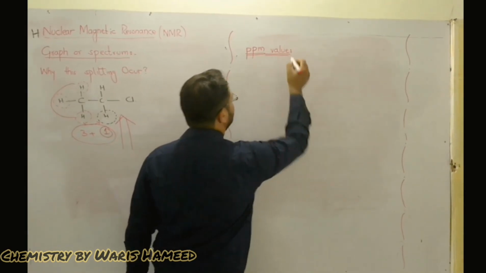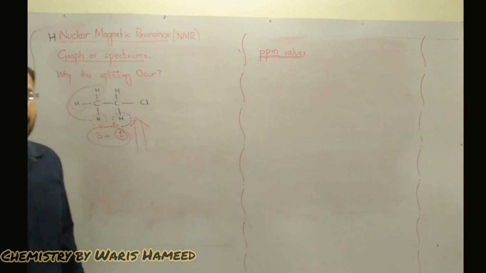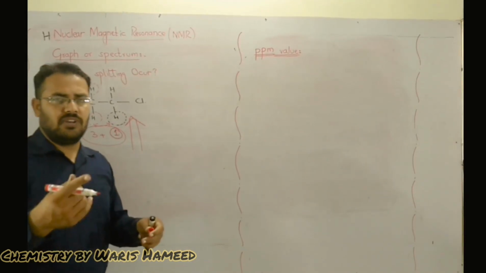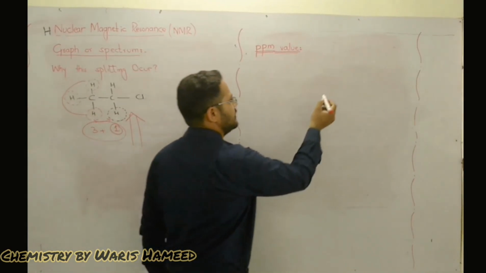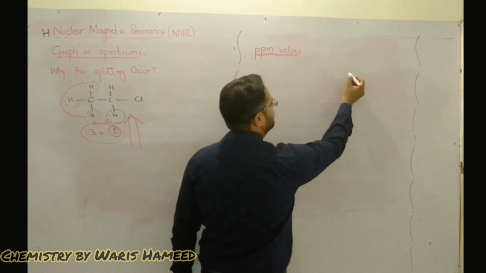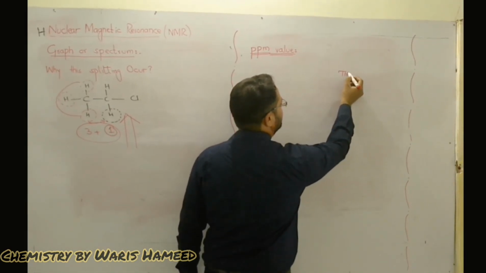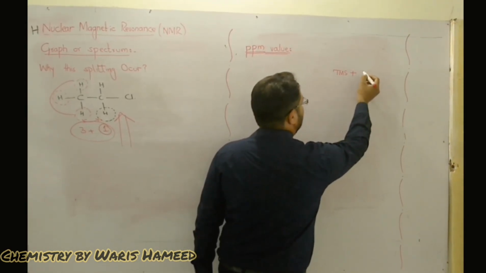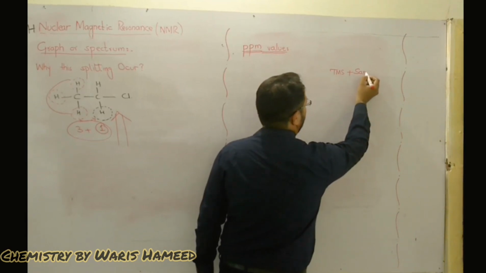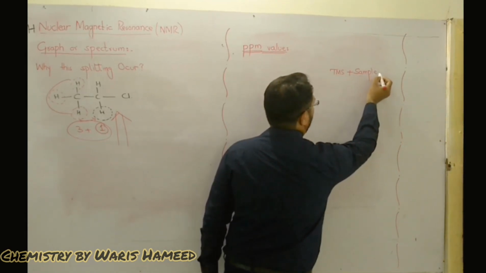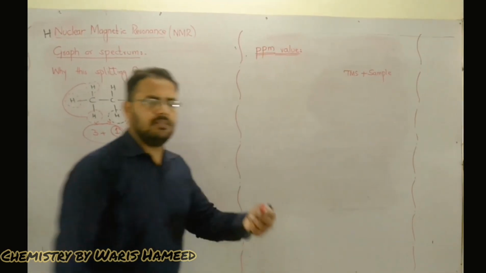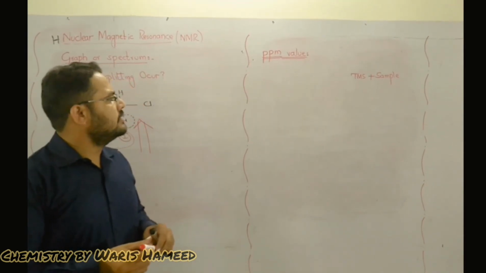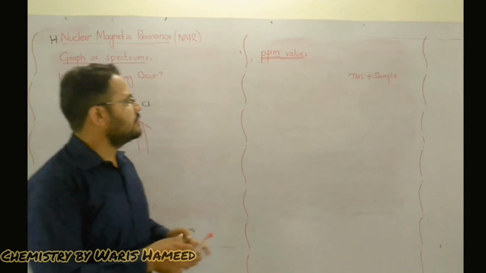As we use in sample preparation, there are two main things and one solvent. First is TMS, second is the sample, and third is the solvent. The solvent has almost no effect on the readings of the signal in the graph.